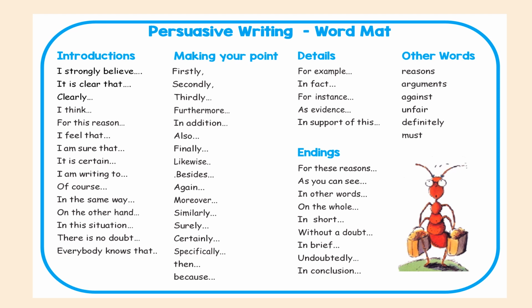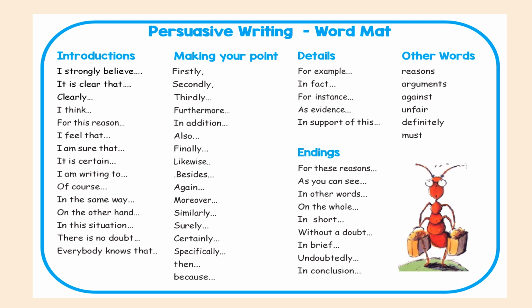But before we start, I wanted to show you this word map. It's really good. It's got lots of good sentences or phrases that you can use in your persuasive writing. You can see in the first column it says introductions. These are great sentence beginnings, particularly when you're writing your topic sentence. Then you can see in the second one where it says make your point of view, we've got firstly, secondly, thirdly, furthermore, in addition.